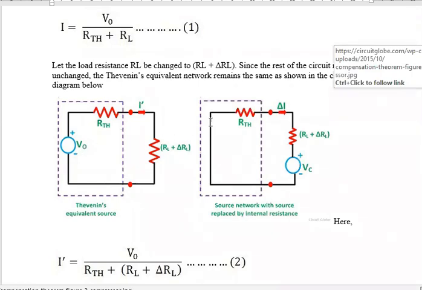Here V0 is replaced by short circuit, and if there are any current sources, replace them with open circuit.